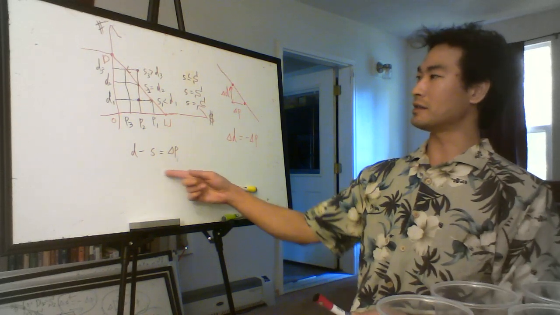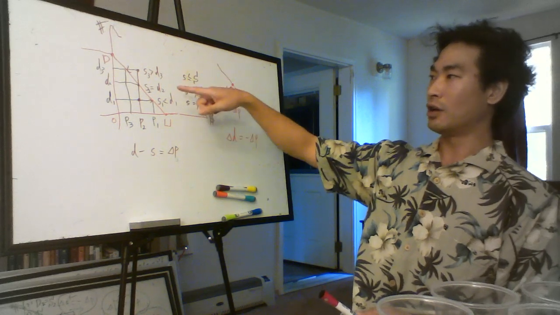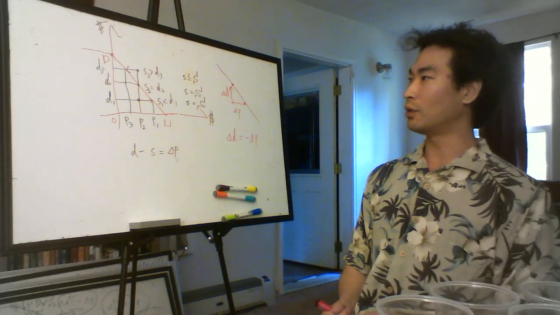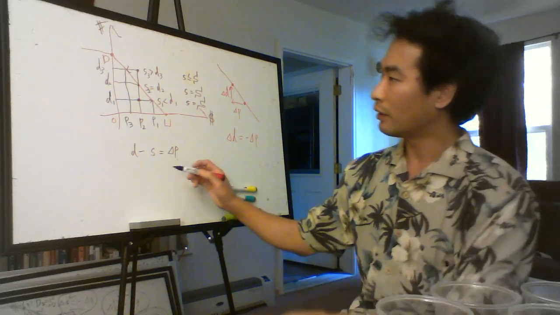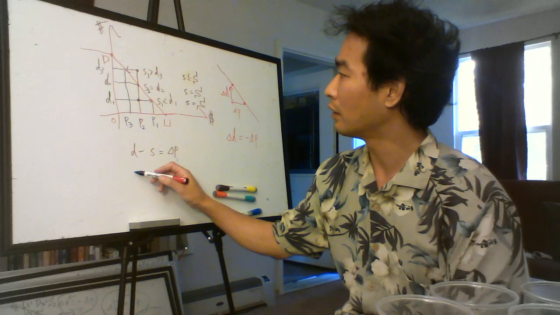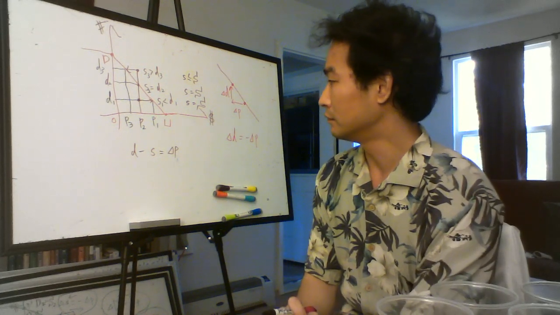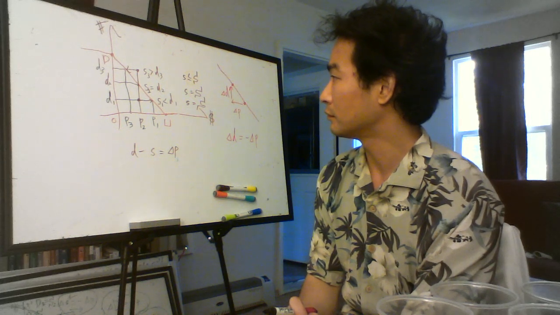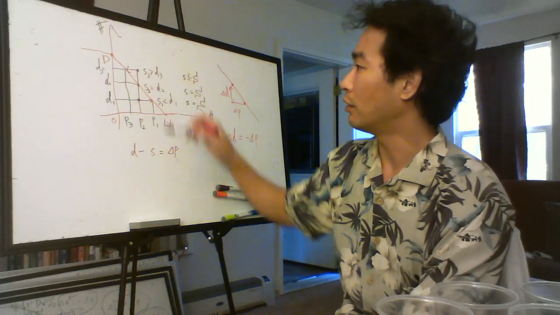So let's spell this out. We have two scenarios. Scenario number one, oversupply. From here to there.